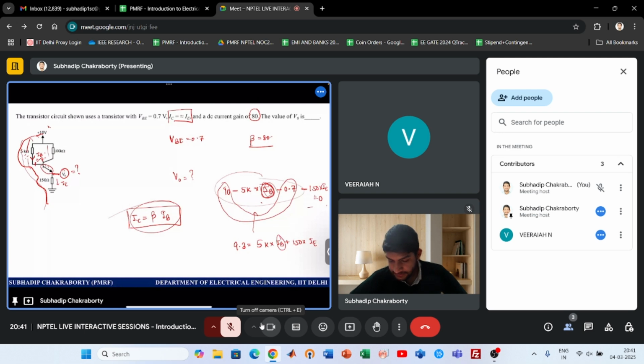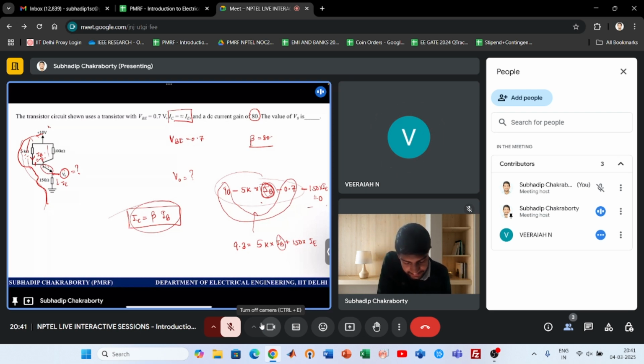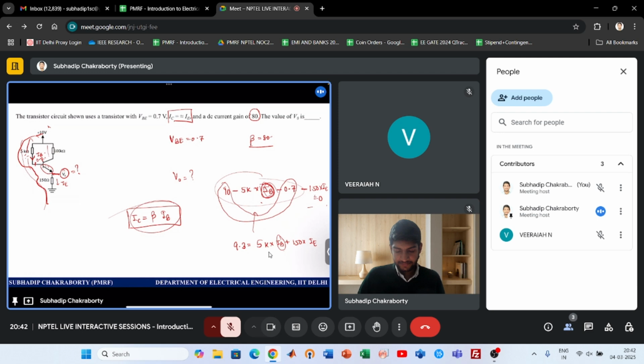IB and IC, how can they be the same? So simply, you can write IB as IC by beta, right?